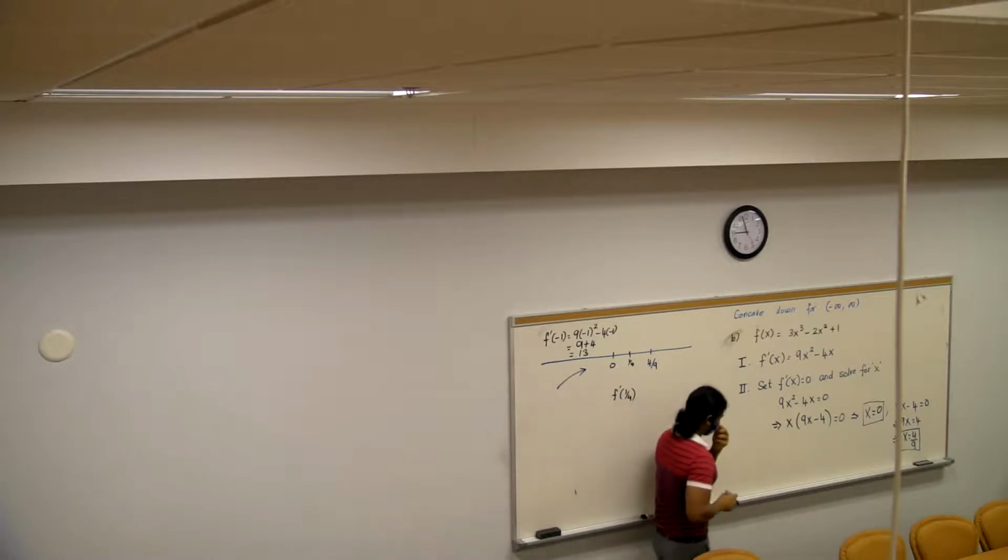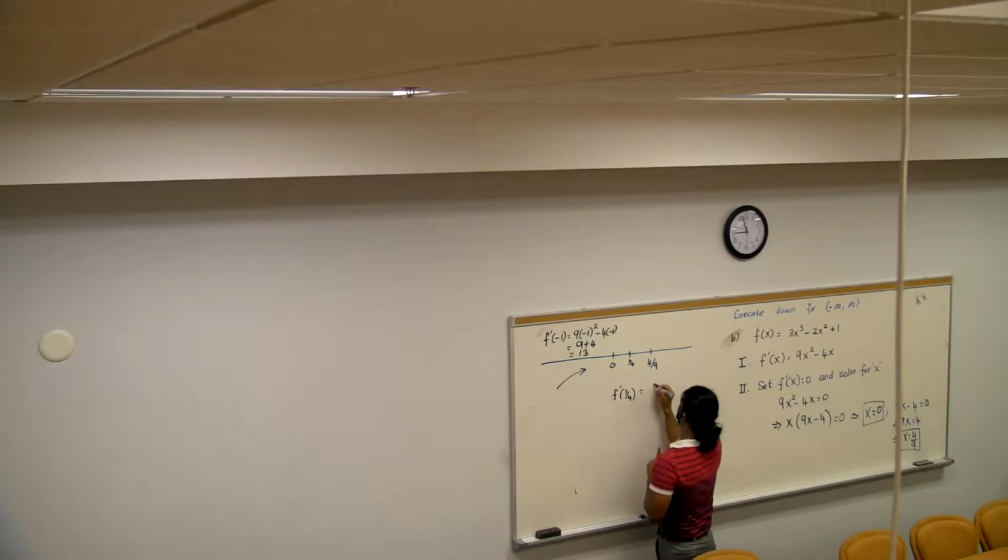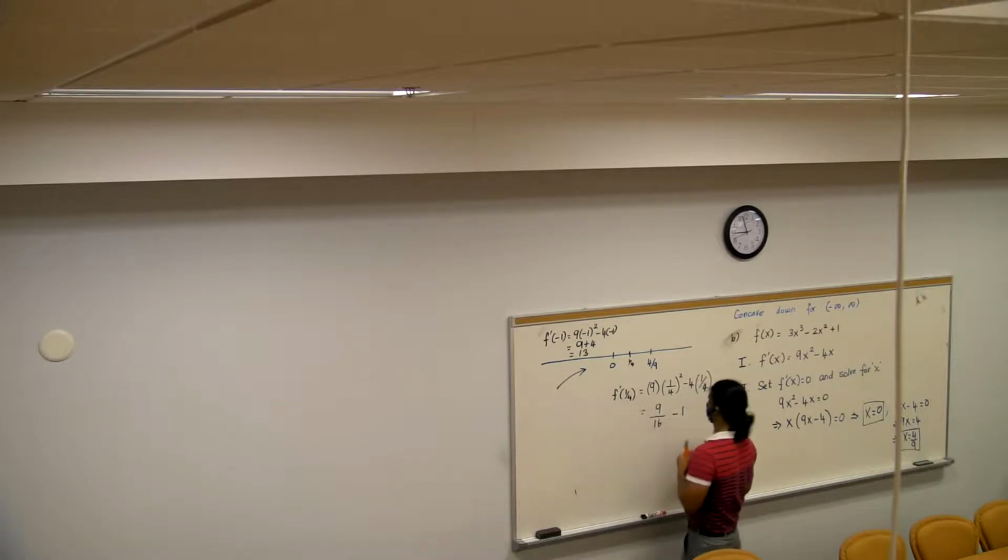Take that 1 over 4 and plug it in the first derivative. We have 9 times 1 over 4 squared minus 4 times 1 over 4, which is 9 over 16 minus 1.